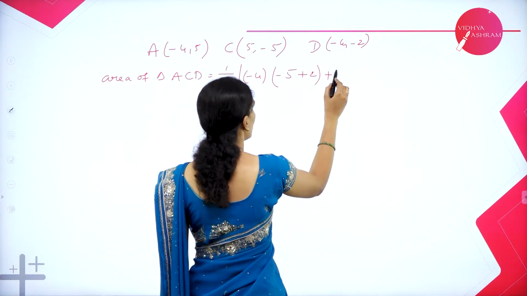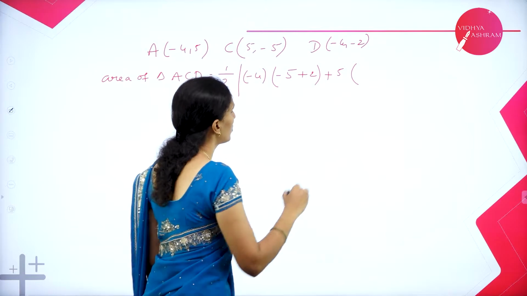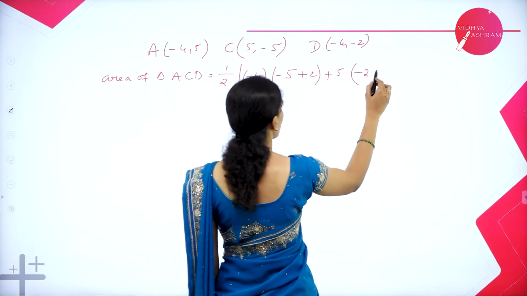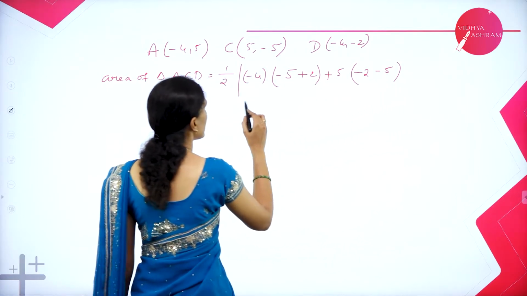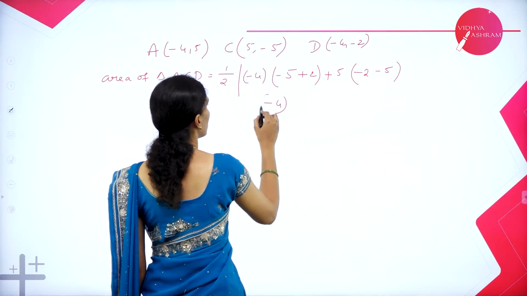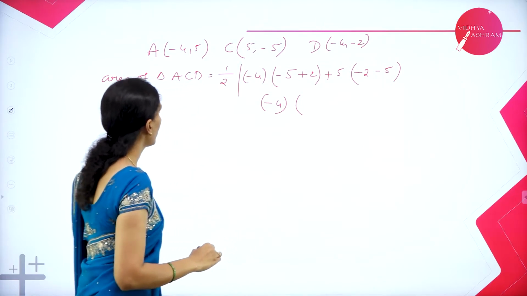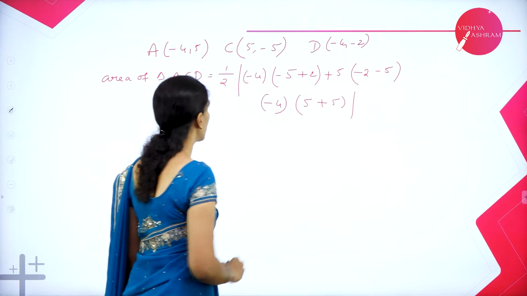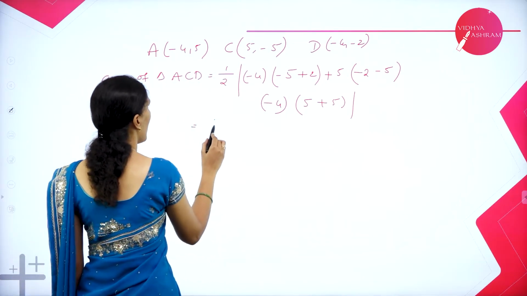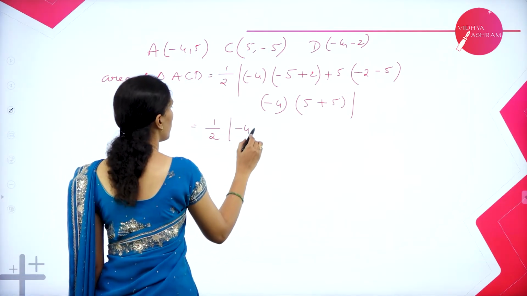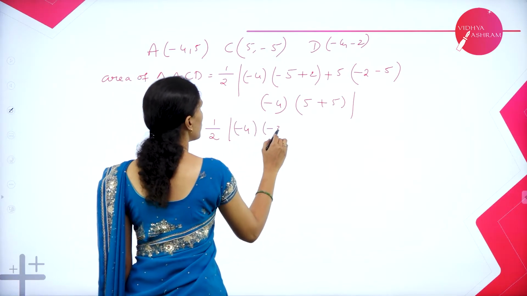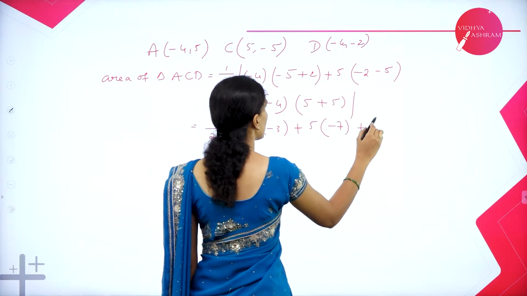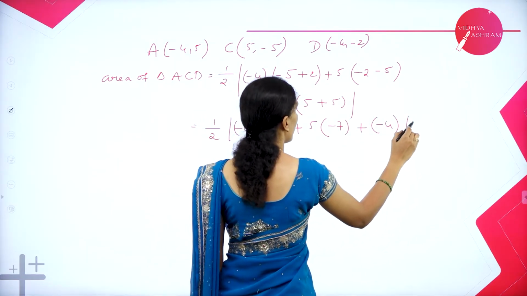Next x2 is 5, y3 is minus 2 minus 5. Next is minus 4, y1 minus y2, that is 5 plus 5. So this is the formula.